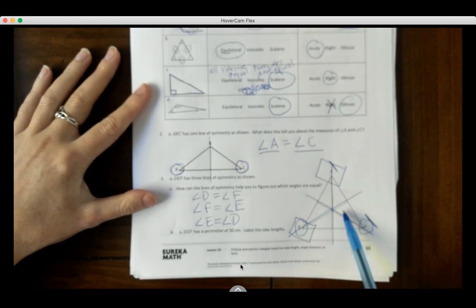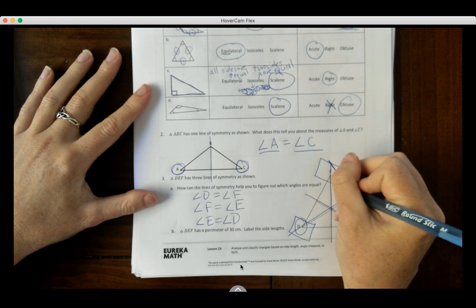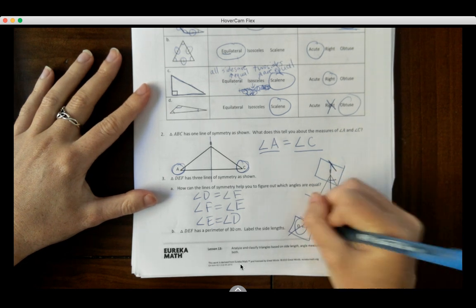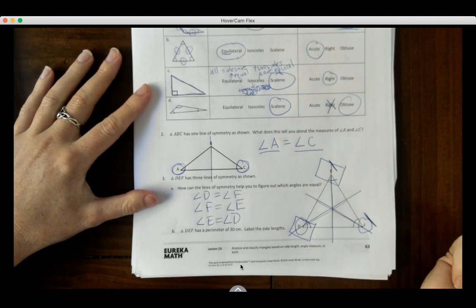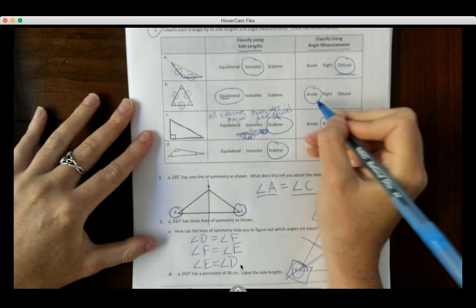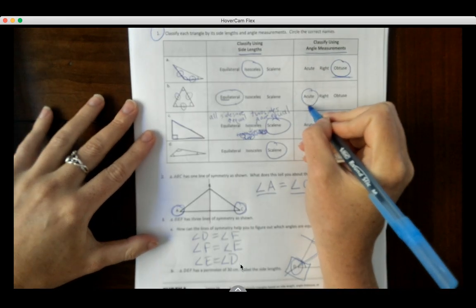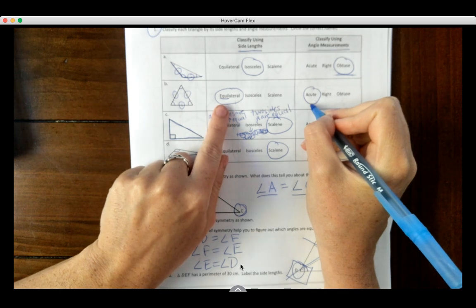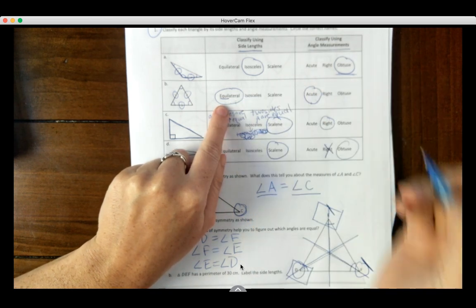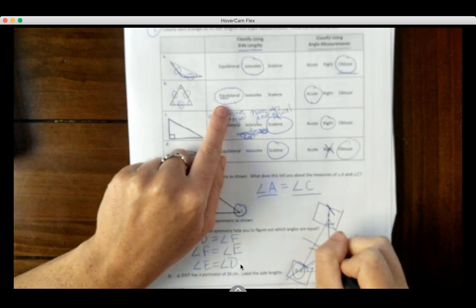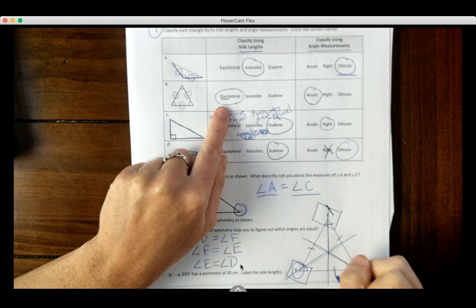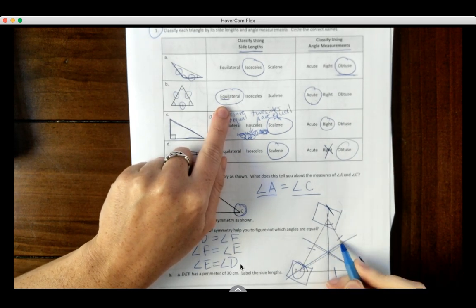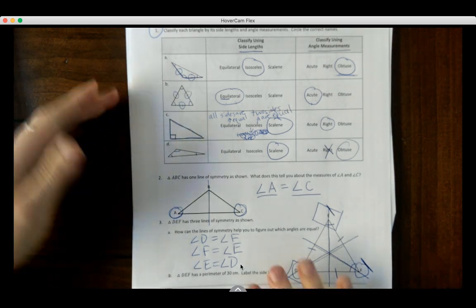Hopefully you're thinking that it's acute, because you're looking at the measurements. So acute, acute, acute. If I see all acute angles, what kind of triangle is it? It's an equilateral. So this side is equal, this side is equal, and this side is equal. That's why I put the dashes there to show that they are equal.